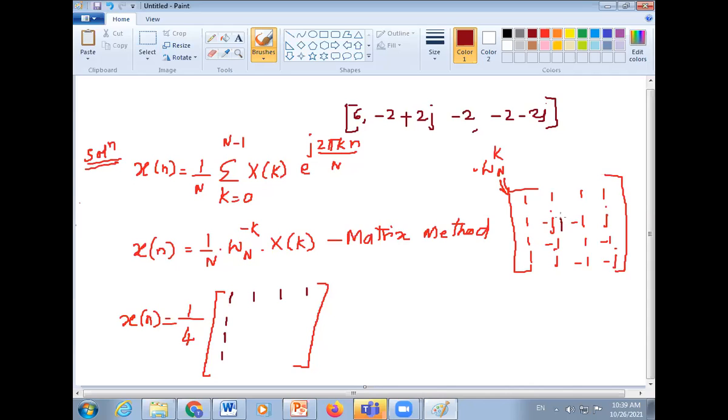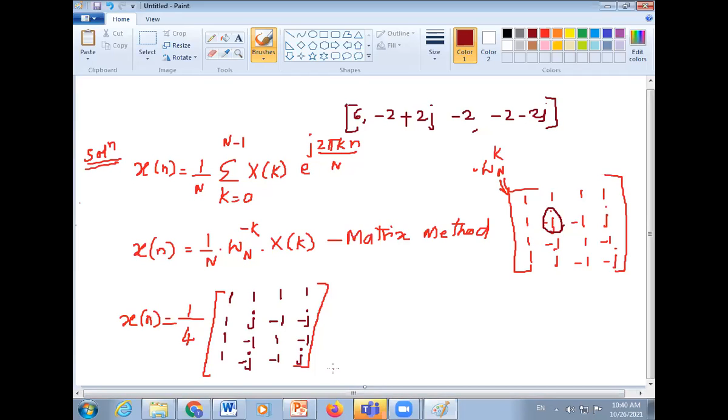Only the phase term will get changed. Here it is minus j, so here will come plus j. This will remain same again -1. Here if there is plus j, then here minus j will come. So this is -1 1 -1, and here there is plus j, so minus j will come. And then this is -1, and here if there is minus j, it will be plus j. This is plus j. Have you understood writing a matrix in DFT and IDFT?